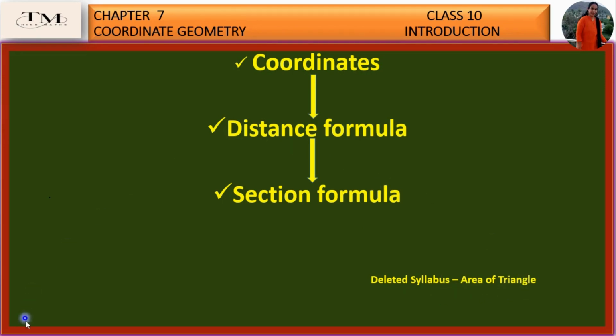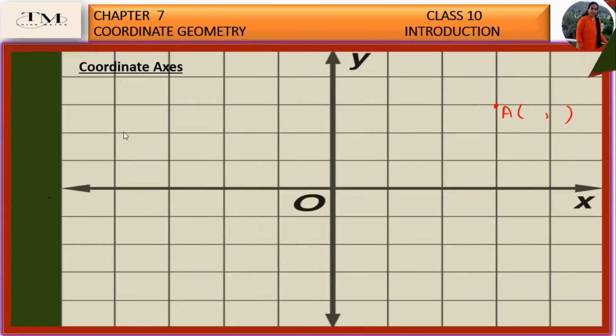First let us see what are coordinates. This is a Cartesian plane with a horizontal line. This horizontal line is called the x-axis and the vertical line is called the y-axis. These two lines divide this Cartesian plane into four quadrants.